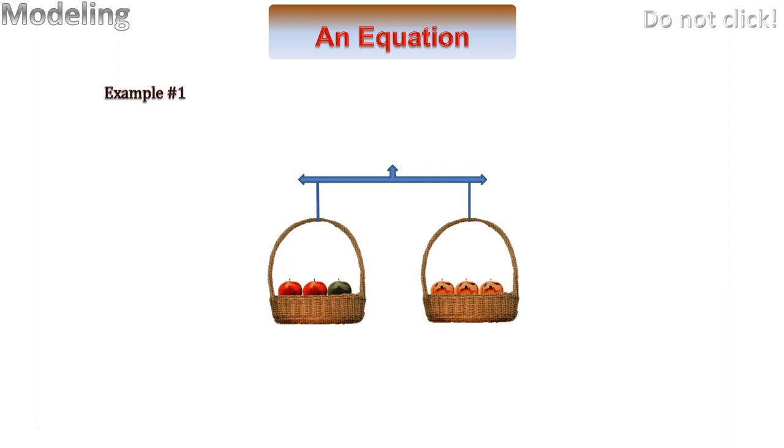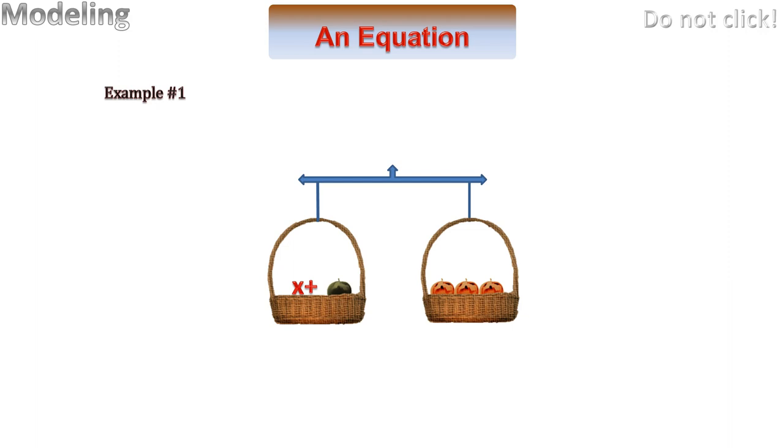Now let's replace 2 red apples by a heavy object x to keep our baskets in balance. As a result, on the left side we have x and one apple, the green one. On the right, we have 3 apples, and the whole system is in balance.